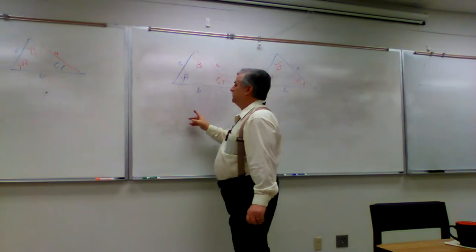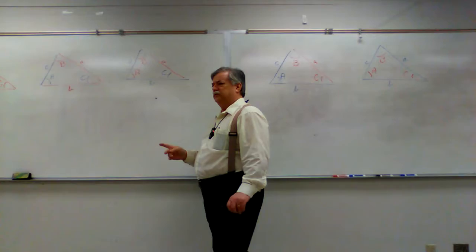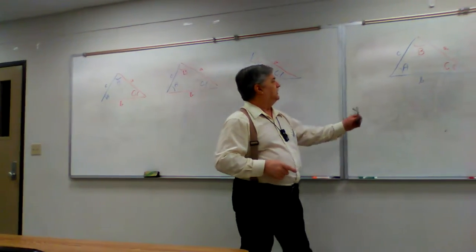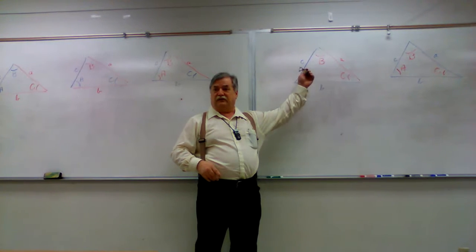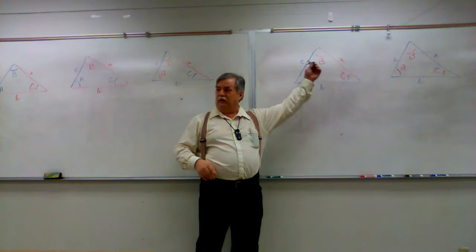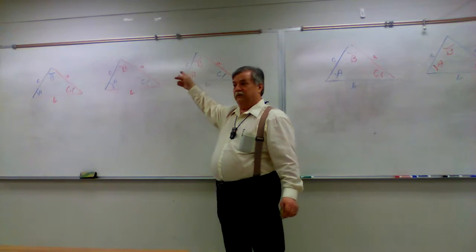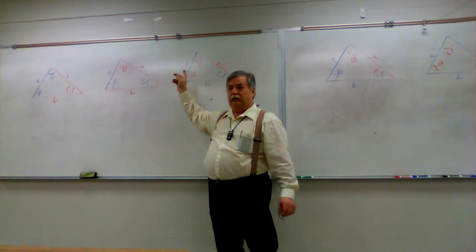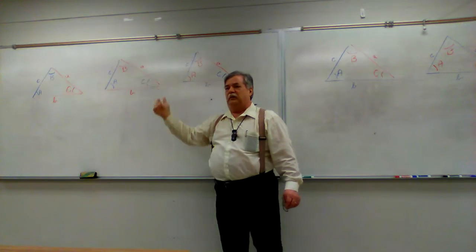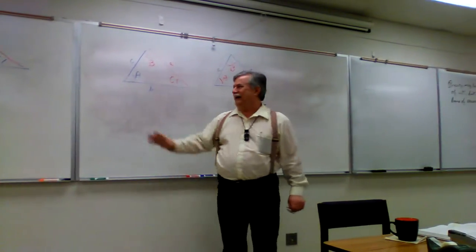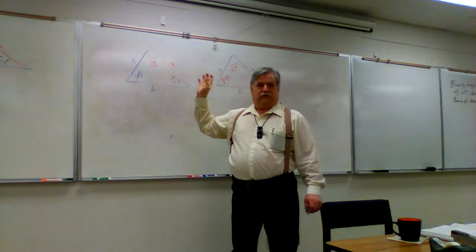The difference is when you know two sides and only one angle. If the angle is included between the two sides, then you need the law of cosines. If the angle is opposite one of the two sides, it's not included between them, then you need the law of sines to figure out the rest of the triangle. That's the big difference.